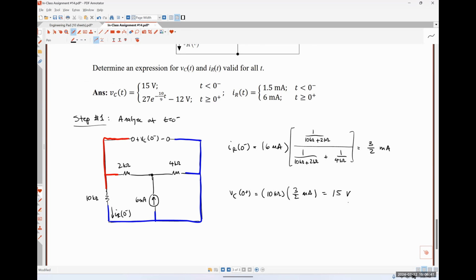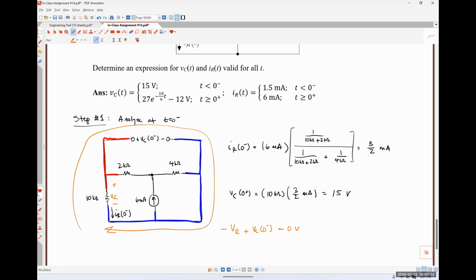Okay, thank you. Yep, so what Shay was suggesting is if we did KVL around the outside loop, let me label the voltage drop across this resistor right here. Let me just call it VR for a moment. So if we did KVL around the outside loop like so, we would have negative VR plus VC at 0 minus is equal to 0, since everything along this part of the path right here is just a short circuit.